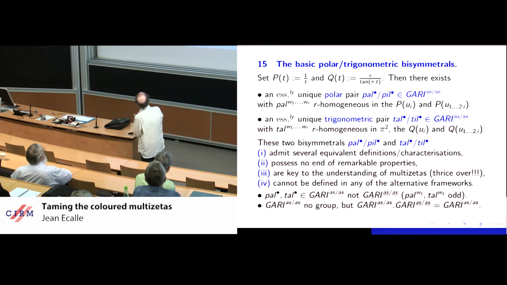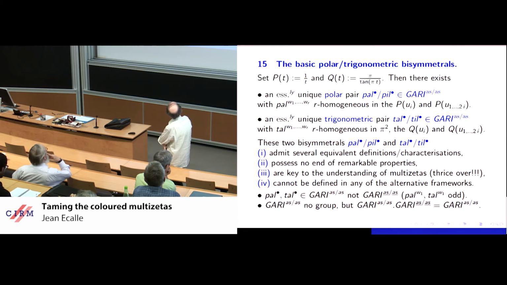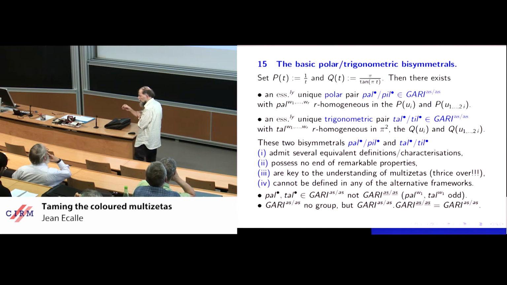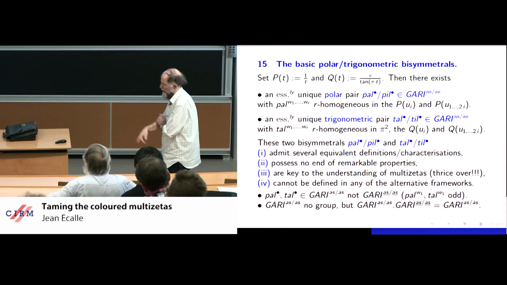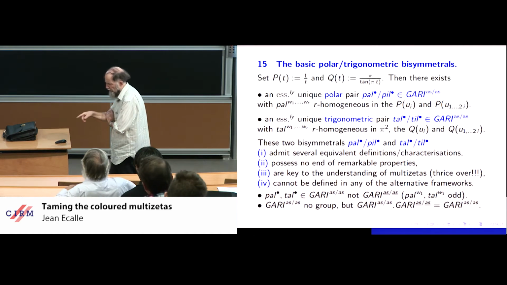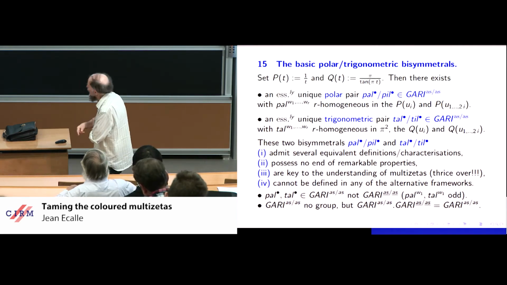This is a special mould, the polar mould PAL, and the swappy is PIL, which is made from poles. Capital P of T is throughout 1 over T, and capital Q is a trigonometric function, 1 over cotangent.